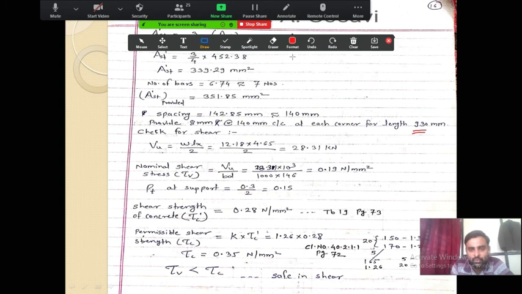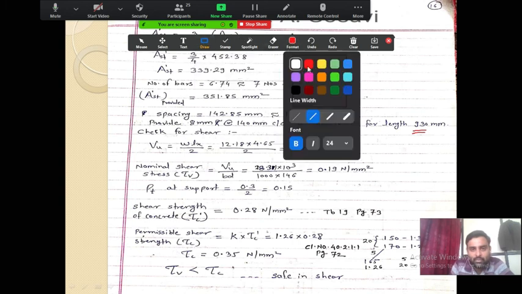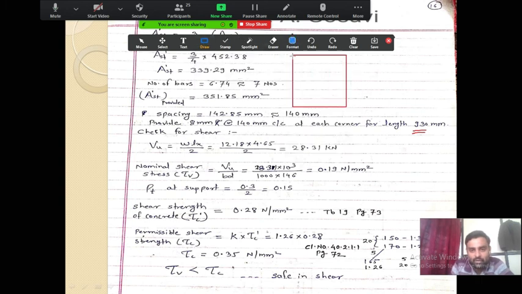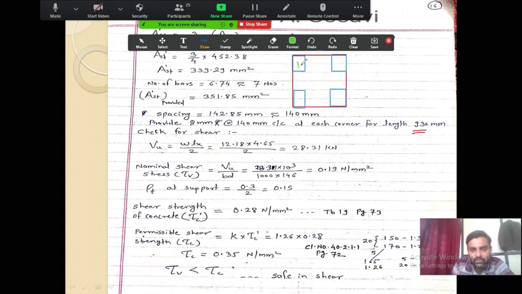Suppose now this is the slab. In this slab we have 4 corners. This is our first corner, this is our second corner, here is our third corner, and somewhere here is the fourth corner. I will name them: first, second, third, fourth.